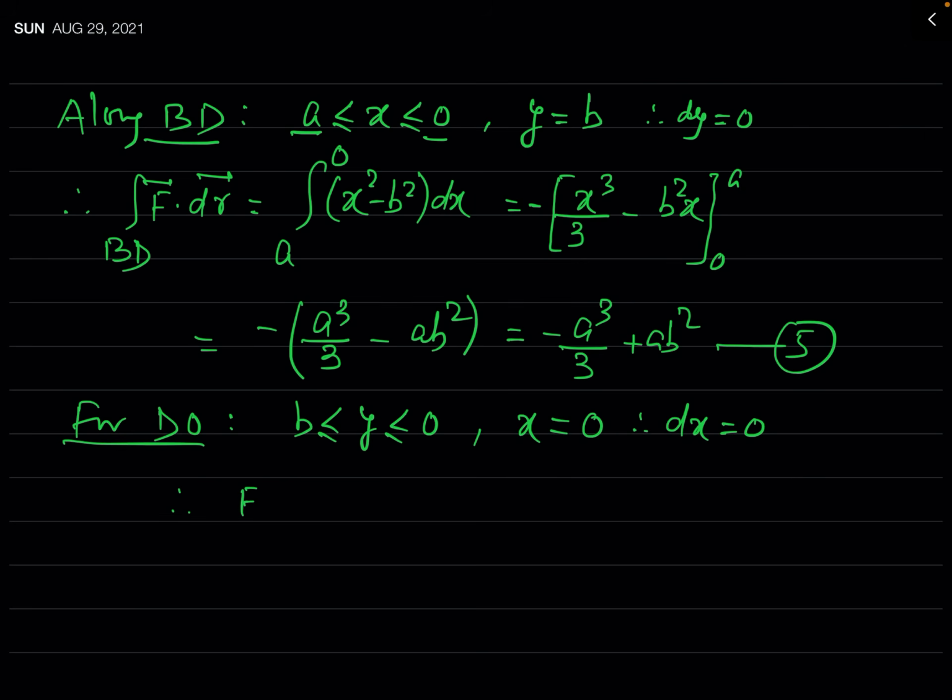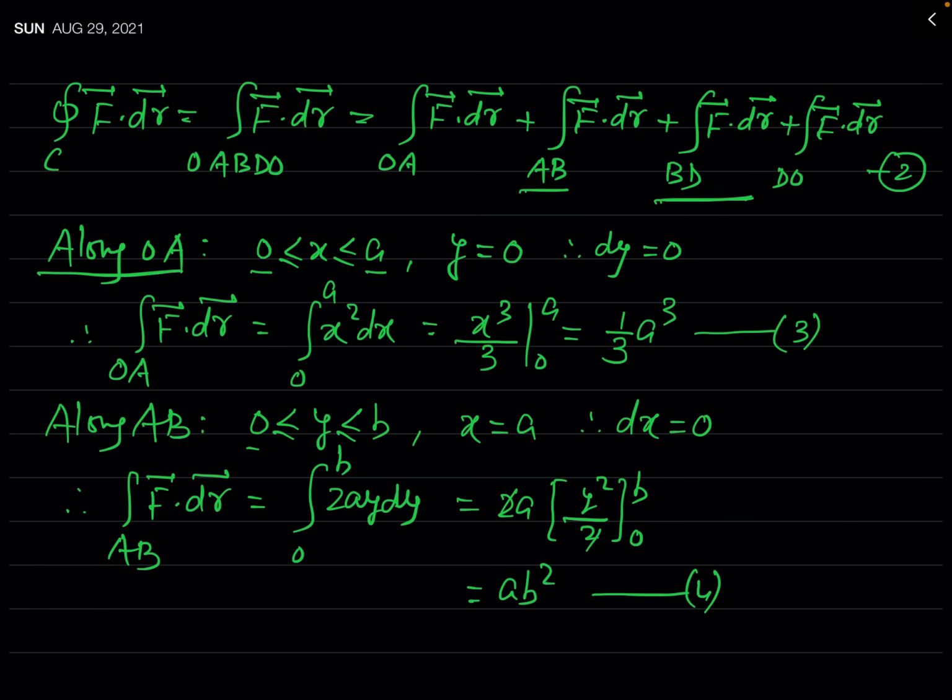Therefore, f dot dr in this case is equal to 0, and so if you take the integral of f dot dr along the path DO, that will vanish, that is also equal to 0. So in this way we have evaluated all the integrals defined in the RHS of equation 2.